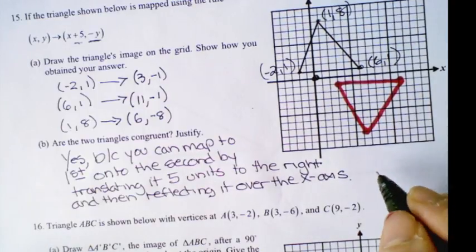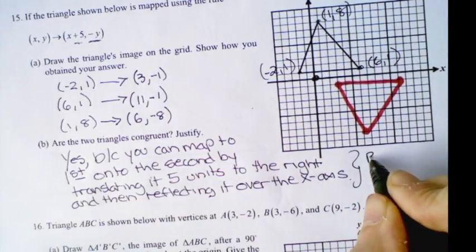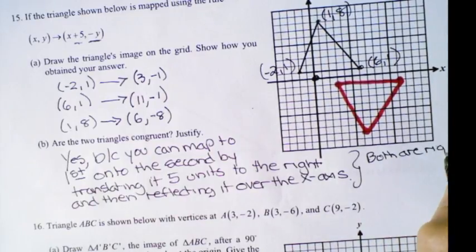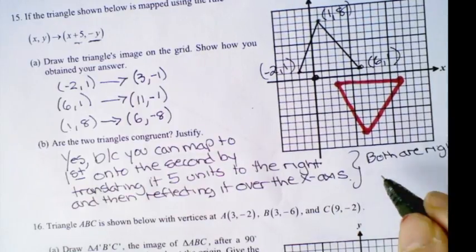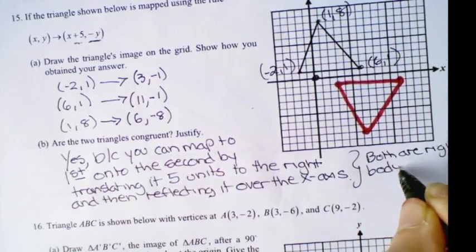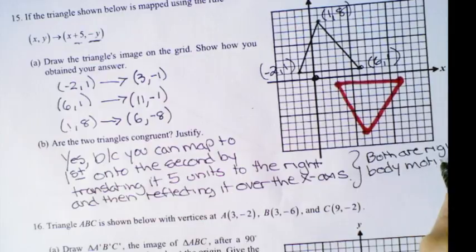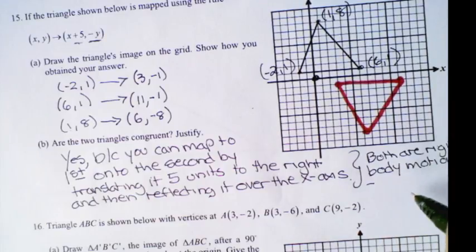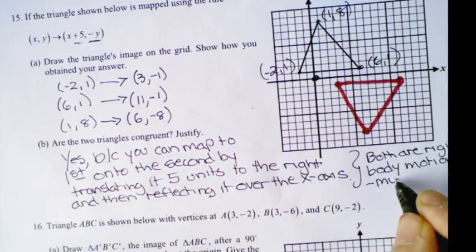These are rigid body motions, which means nothing has changed shape, right? Nothing's expanded or contracted. These are rigid body motions, and all rigid body motions must be congruent.